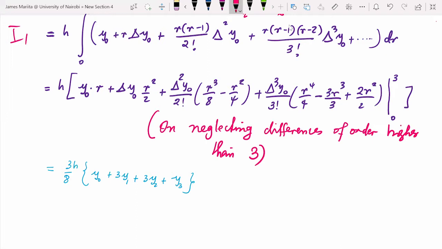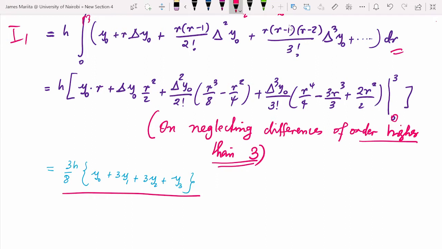Doing that with respect to r, we neglect differences of order higher than 3, because we took a polynomial of degree 3. And then we will get this I1 to be 3h over 8 times y0 plus 3y1 plus 3y2 and plus y3.